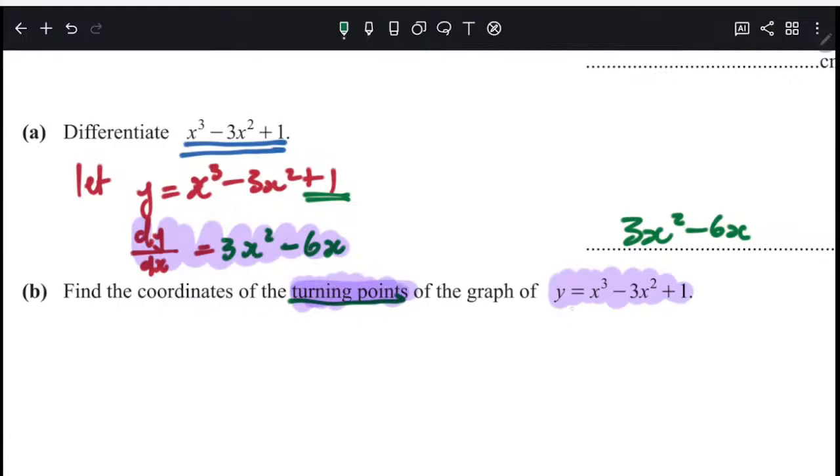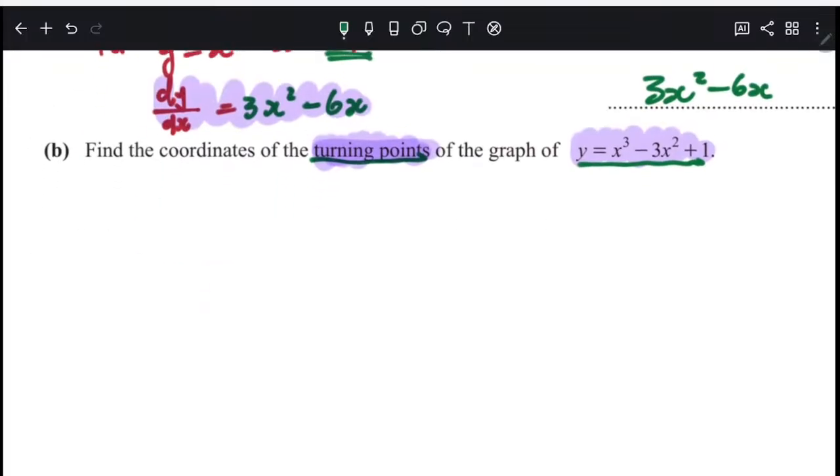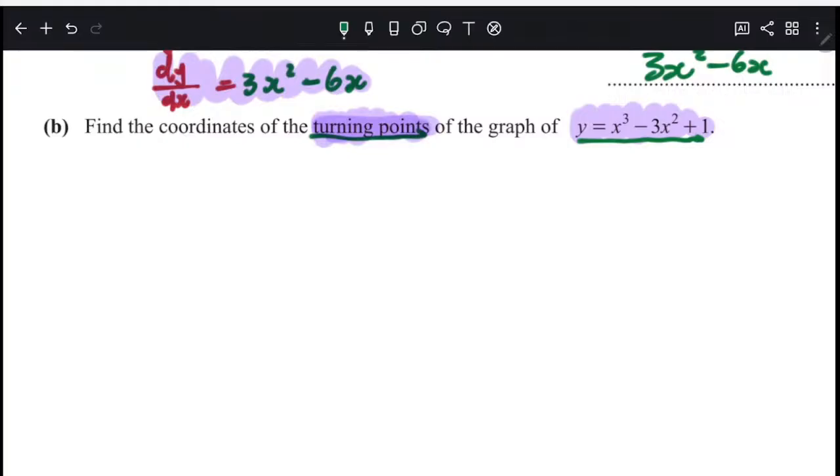You find dy dx, which is exactly what you've already found here. It doesn't matter, you can find it again. Find dy dx and let it be equal to 0. So you have y equal to x cubed minus 3x squared plus 1. They've said the word stationary point, so please find dy dx, let it be equal to 0 and solve.